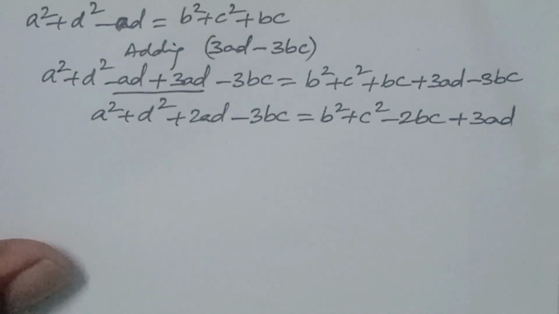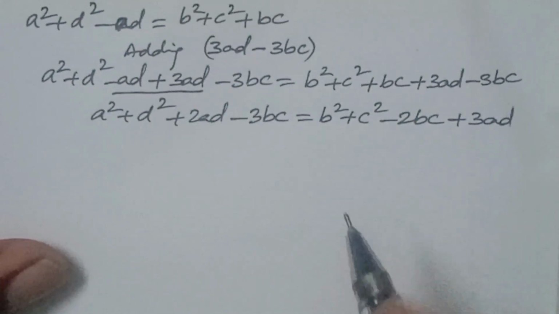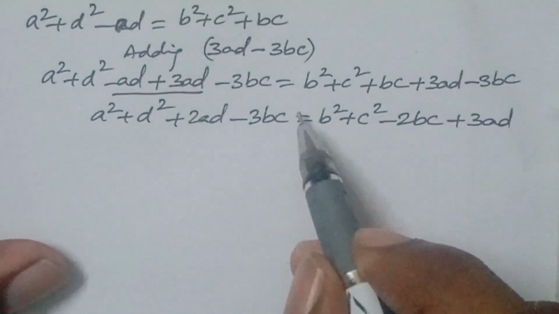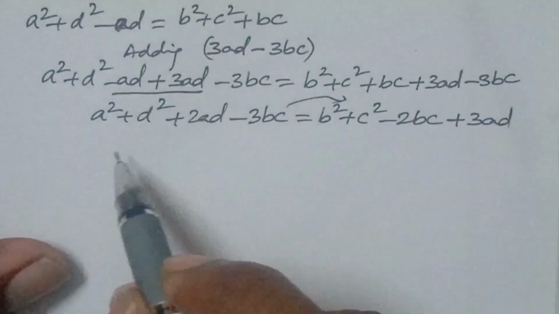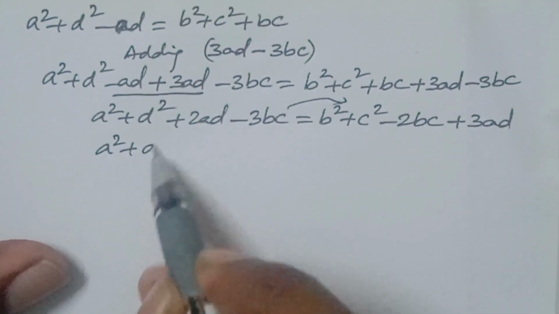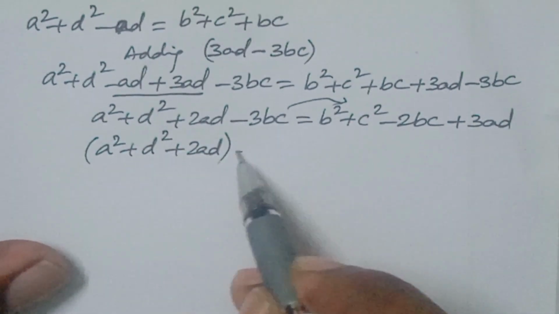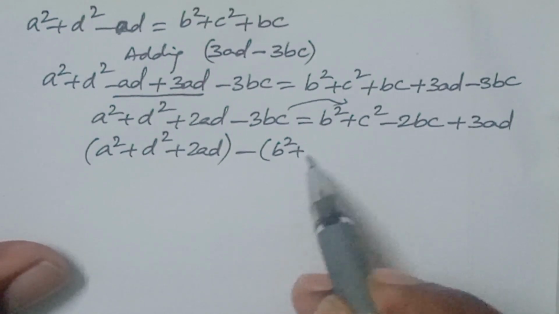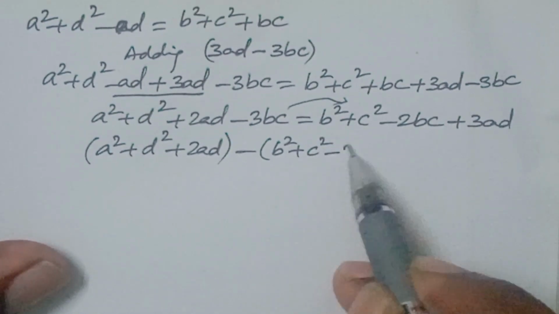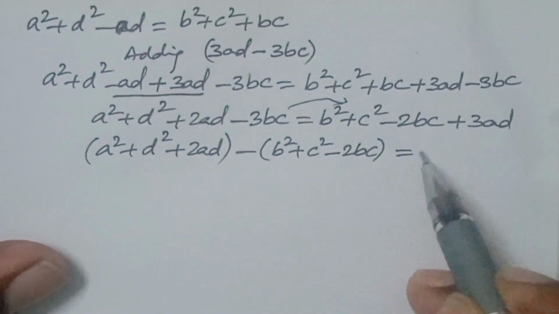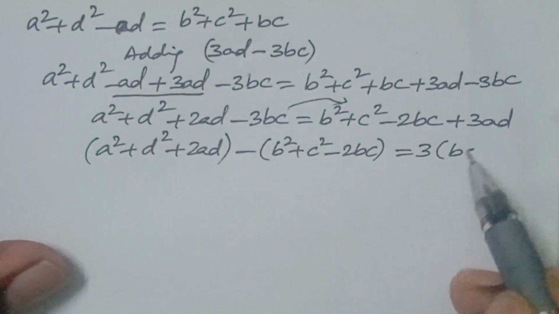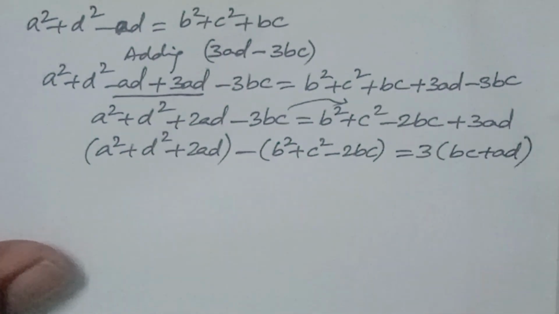So what is required here? BC plus AD is required. So sending the terms to that side, A square plus D square plus 2AD minus B square plus C square minus 2BC is equal to 3 of BC plus AD.